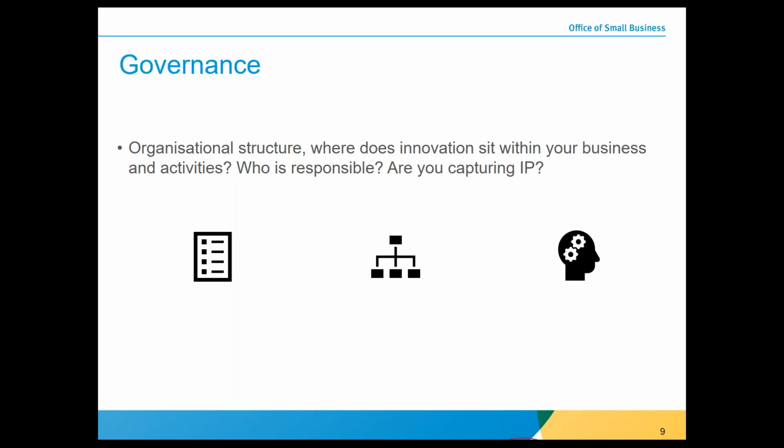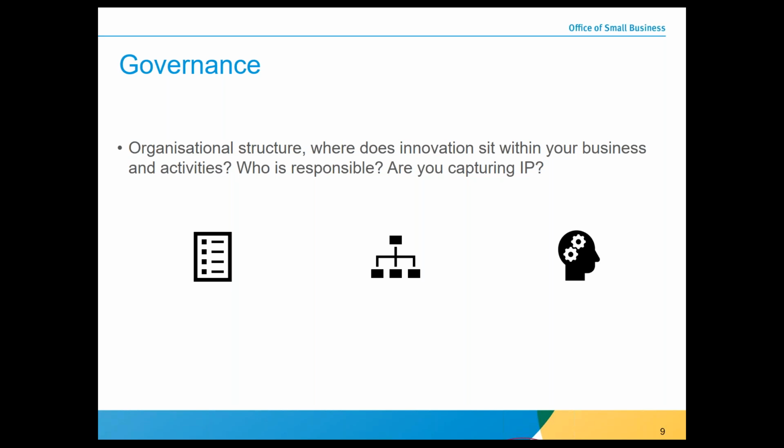So for smaller businesses, once you've identified who your potential collaborators and competitors are, do you have an innovation activity scheduled into your regular agenda in terms of implementing this type of stuff?